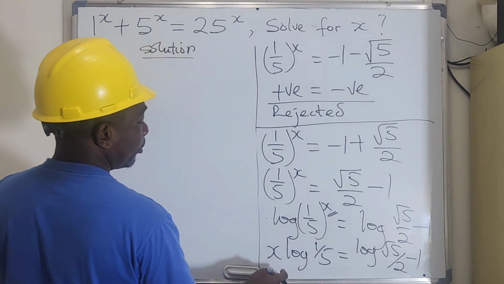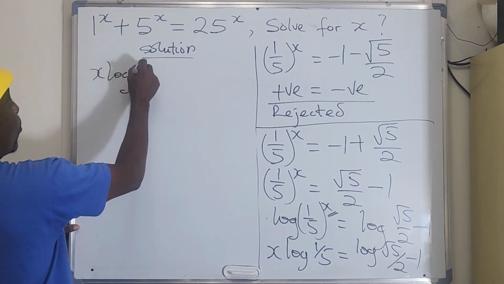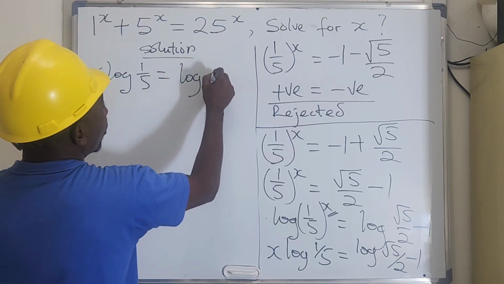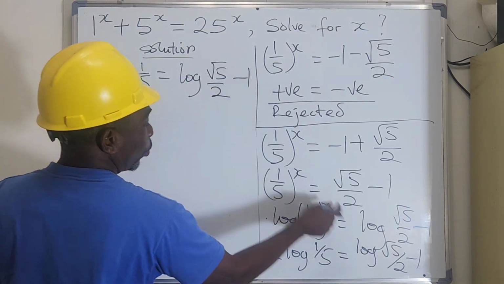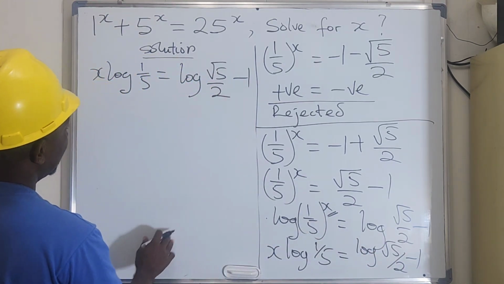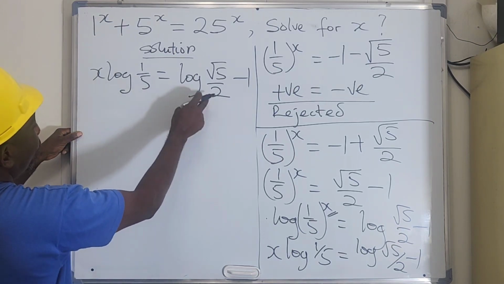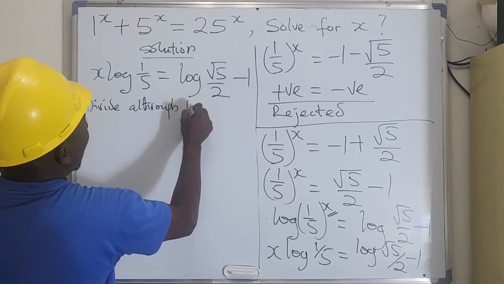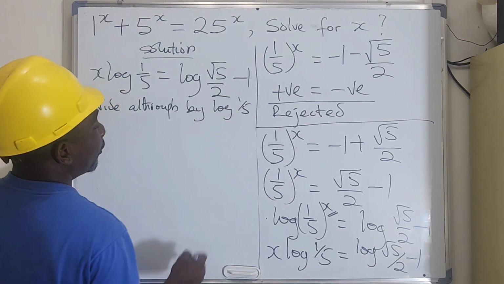So we move over to this other side for us to finalize the value of x from that equation. We have x log 1 all over 5 equals to log of the square root of 5 all over 2 minus 1. We just transfer this to here so that we have a clear understanding. Here, we can divide all through by log 1 all over 5.